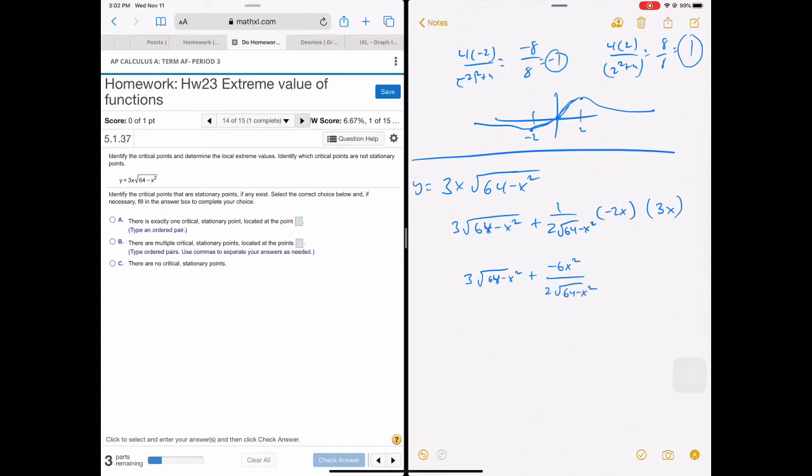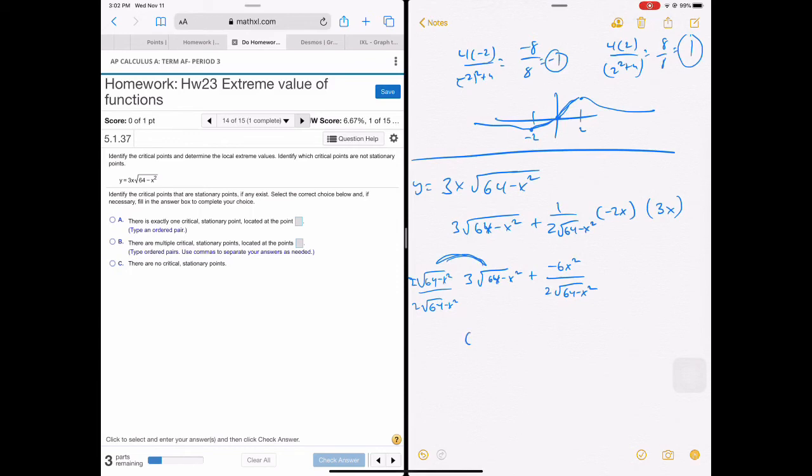We're going to have to write this as one fraction to figure out what our zeros would be. But lucky for us, if we write a common denominator, I'm going to multiply the left side by the square root of 64 minus x squared over the square root of 64 minus x squared, and throw a 2 in front of that. And these guys simplify out.